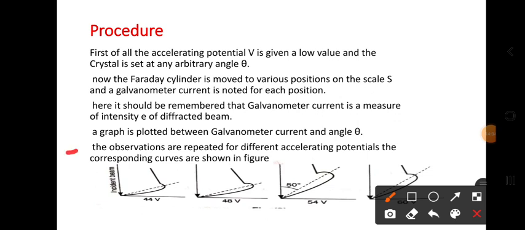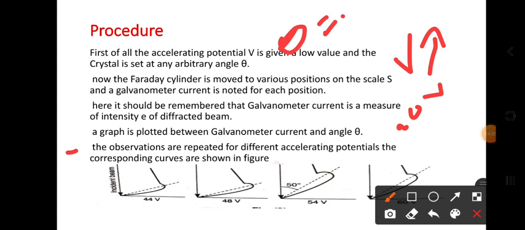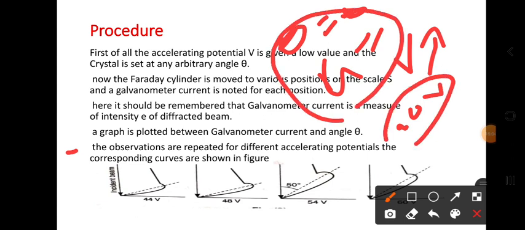Next, the observations are repeated for different accelerating potentials, corresponding to curves as shown. Slowly we have to increase the potential. First at 20 volts, we note at what angle theta we are calculating and how much galvanometer current is produced at different positions. Like this, at this voltage we calculate and draw a graph.